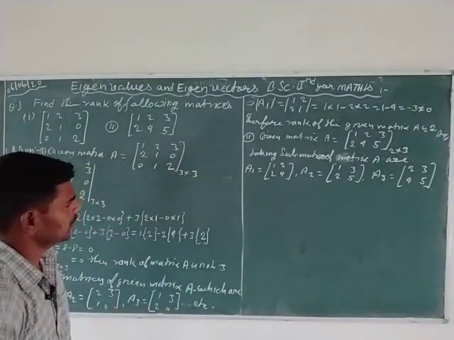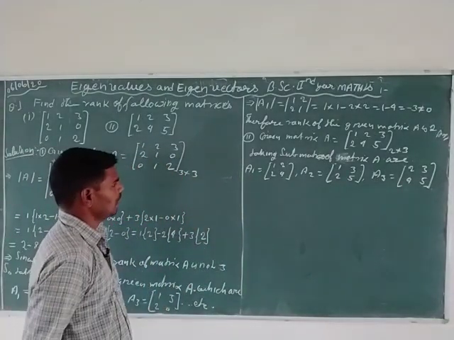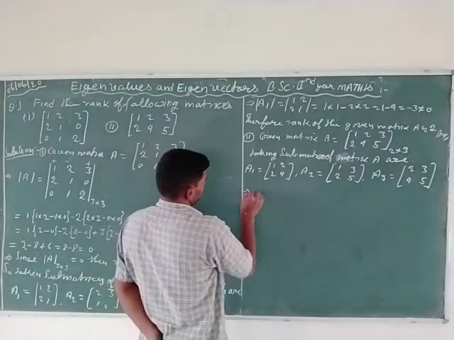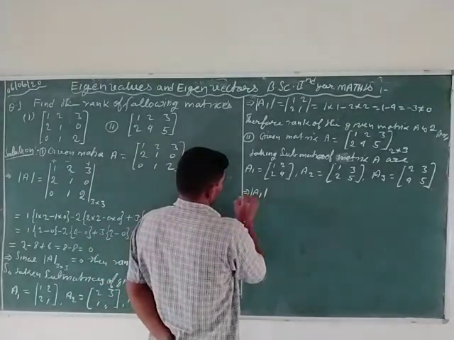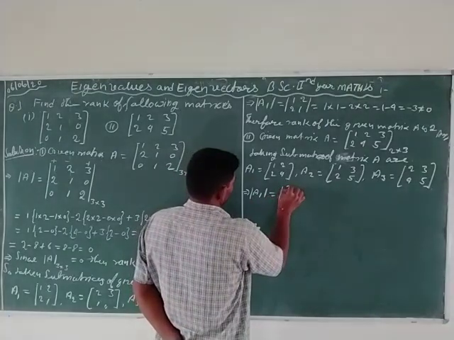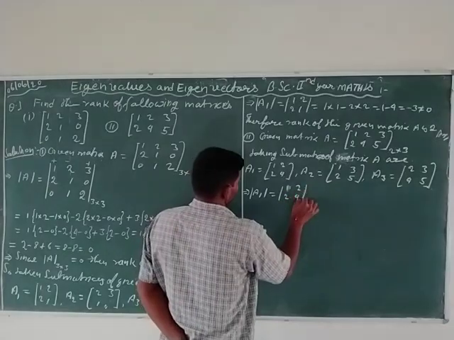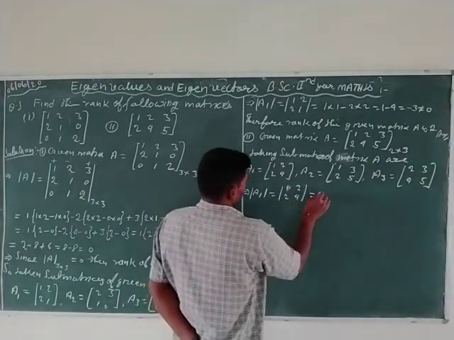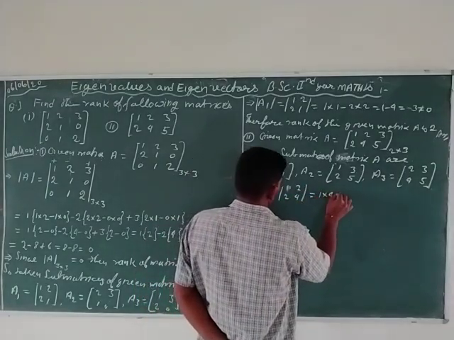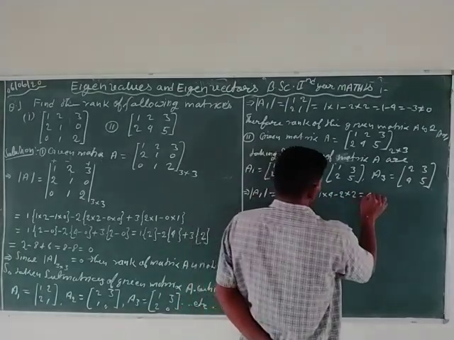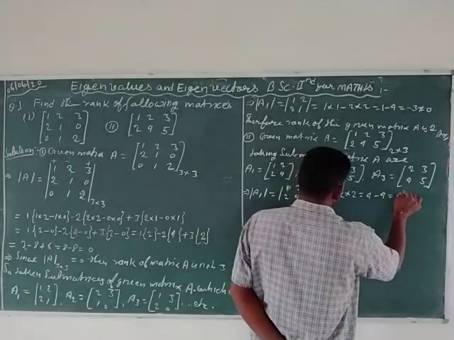Now calculate the determinant of each submatrix. The determinant of A1 is 1 2 and 2 4, equal to 1 into 4 minus 2 into 2, which is 4 minus 4, equal to 0.